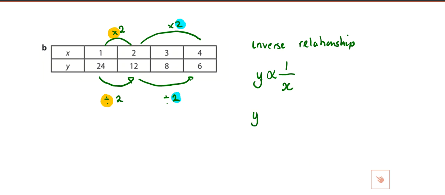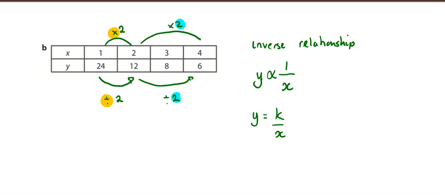Therefore, the formula is y equals k over x. Now I've just got to figure out what k is. So how do I do that? Should I pause before I figure that out?